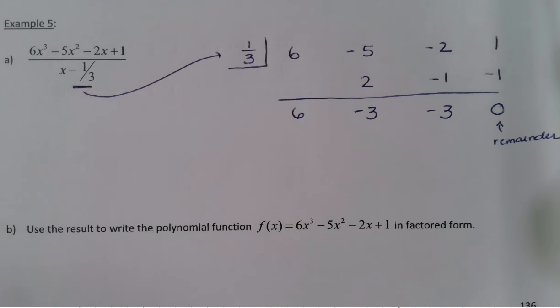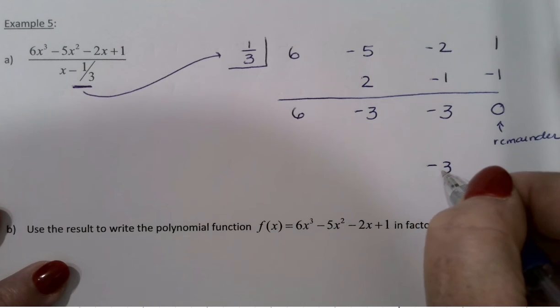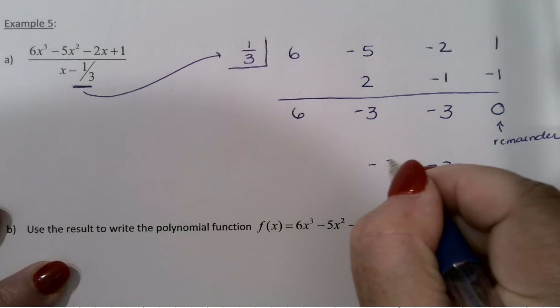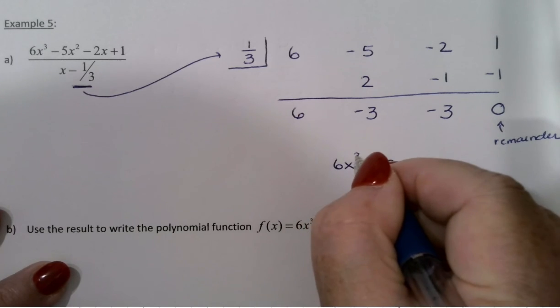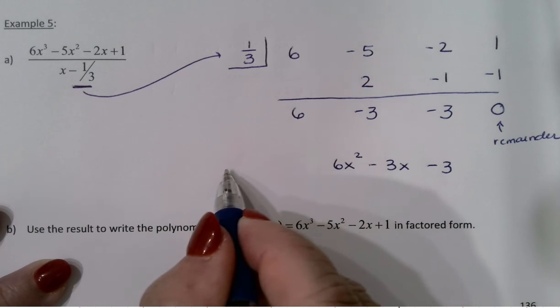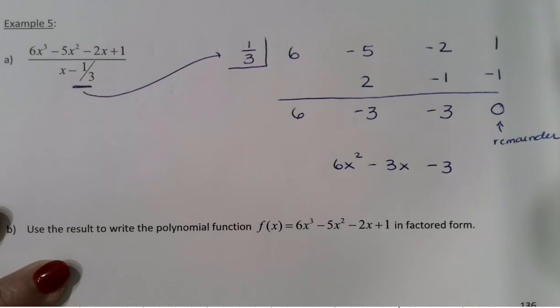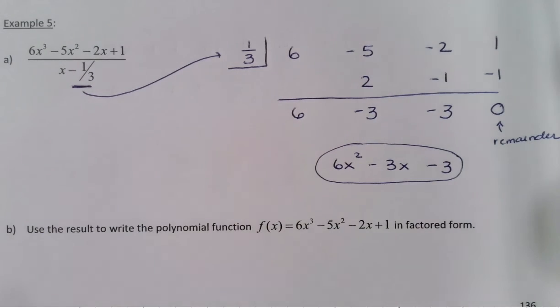All right, let's write down the quotient. -3 would be the constant term, and then I'd have -3x to the first, and 6x squared. And if this was longer, of course, then I'd just have x cubes and x to the fourths and so on. But in this case, my quotient came out evenly, no remainder, and that's it.